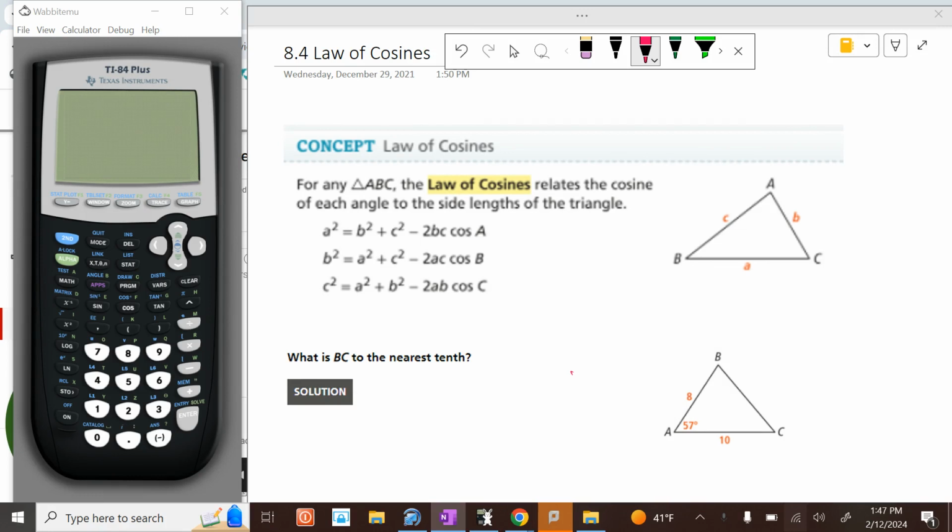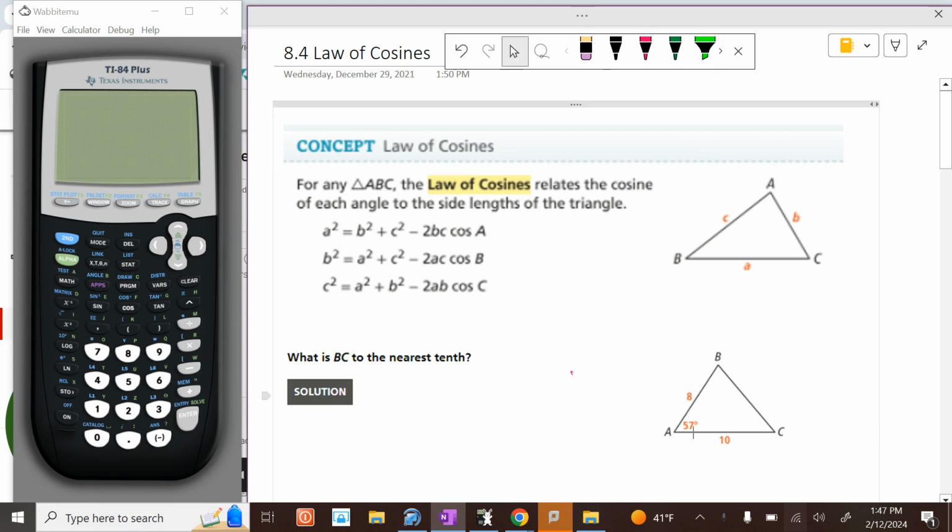All right. So it's a very easy formula if you're trying to find a side. It's not a very easy formula when you're trying to find an angle. But when you have side angle side like this, do we have any opposites? We don't have any opposites.